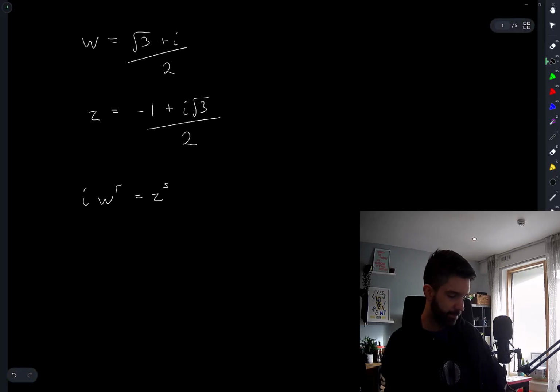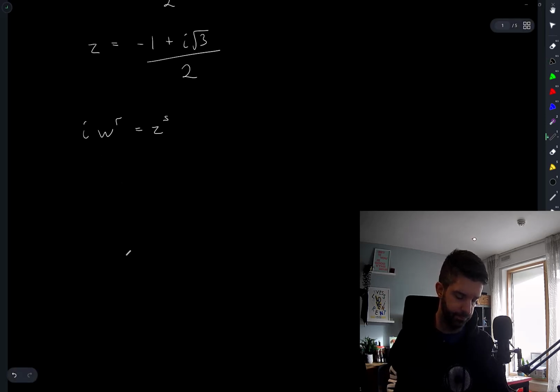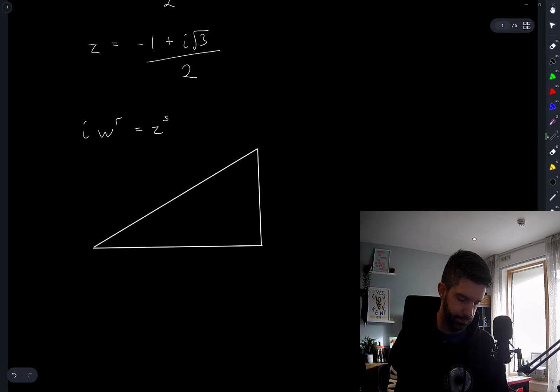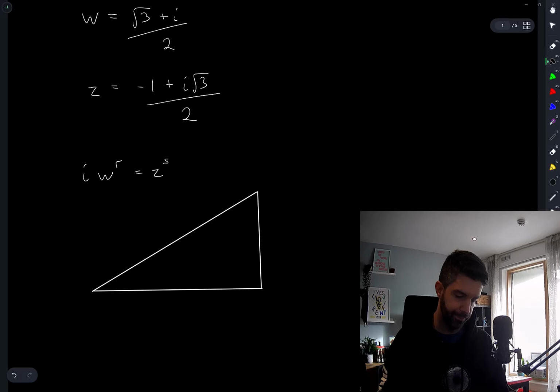Okay, so let's draw a triangle. And if I look here, this is for w. So here I have root 3 over 2. Here I have 1.